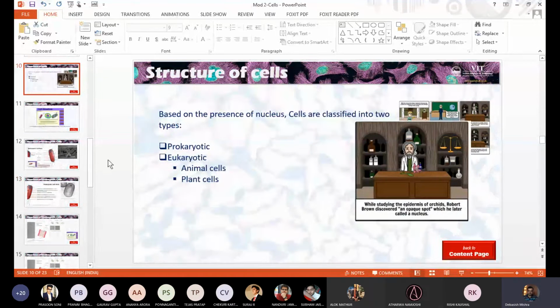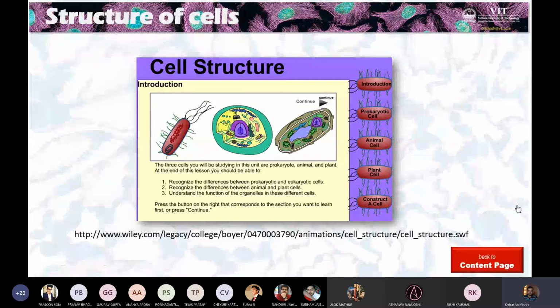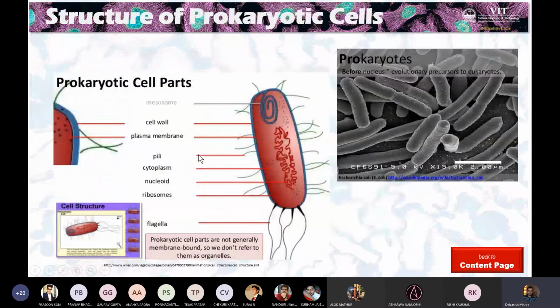We were talking about prokaryotic and eukaryotic cells, and we went through this web page to understand the cell structures, and now we are here. We saw the cell wall, and there is one more thing below the cell wall. That is the plasma membrane. I'm going to discuss it a bit in detail.